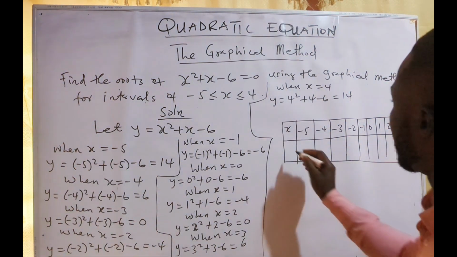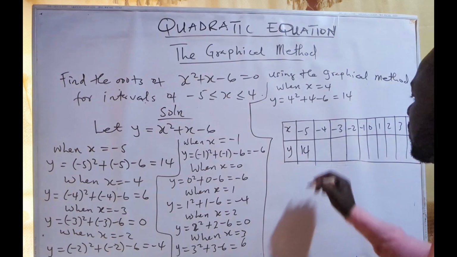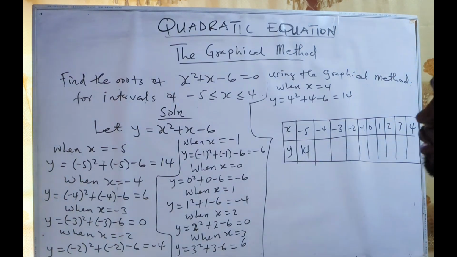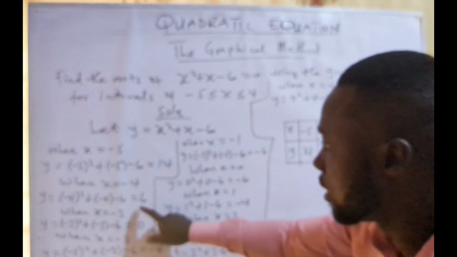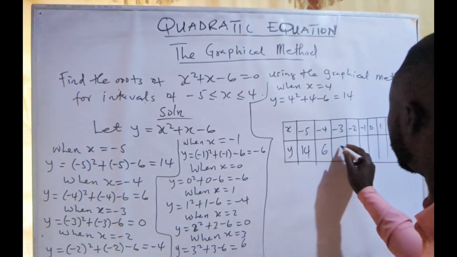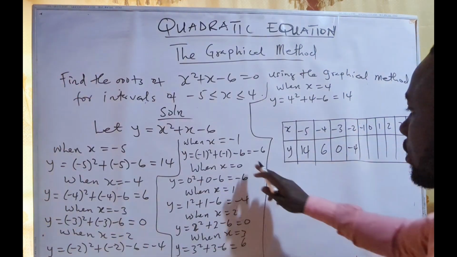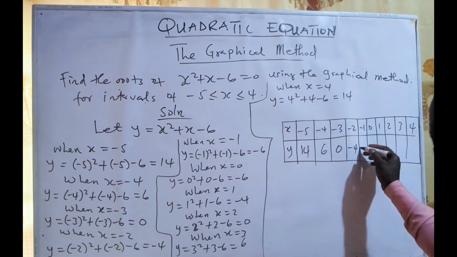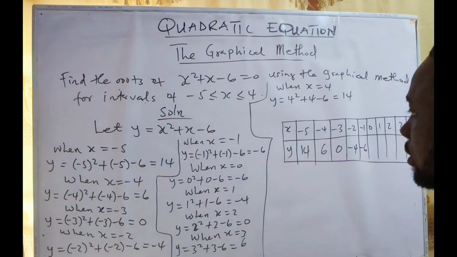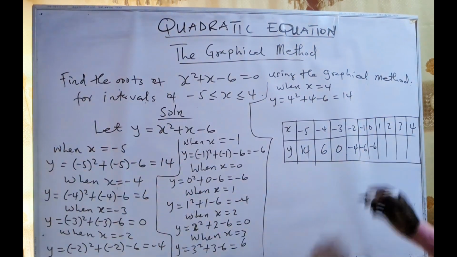All right, then our y values. When x is negative 5, y was 14. When x is negative 4, what did we get for y? 6. When x is negative 3, y was 0. X is negative 2, y gave us negative 4. X is negative 1, y gave us negative 6. X is 0, y gave us negative 6.